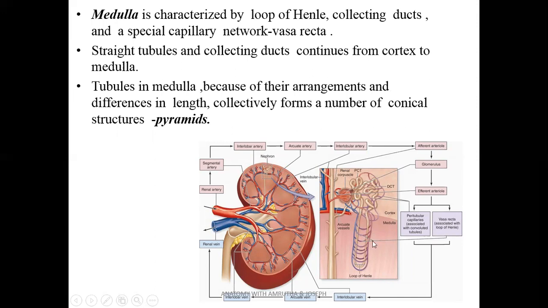So there are two types of capillaries. One is the glomerulus, and the continuation of it is the vasa recta, the vessels or capillaries which are surrounding the nephron. They will continue as venules and ultimately form the renal vein.